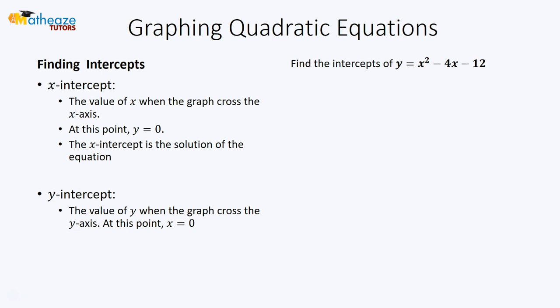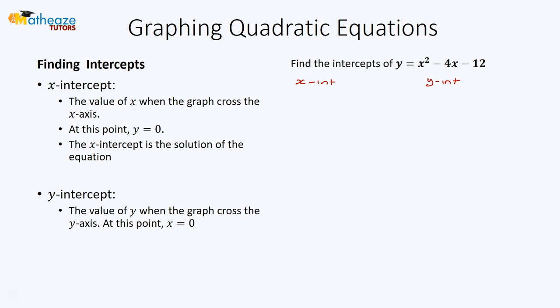Now we have another quadratic function here. We're going to look at the X-intercept, and then the Y-intercept. If you're unsure how to factor or solve quadratic equations, there's another lesson that focuses exclusively on how to do that.